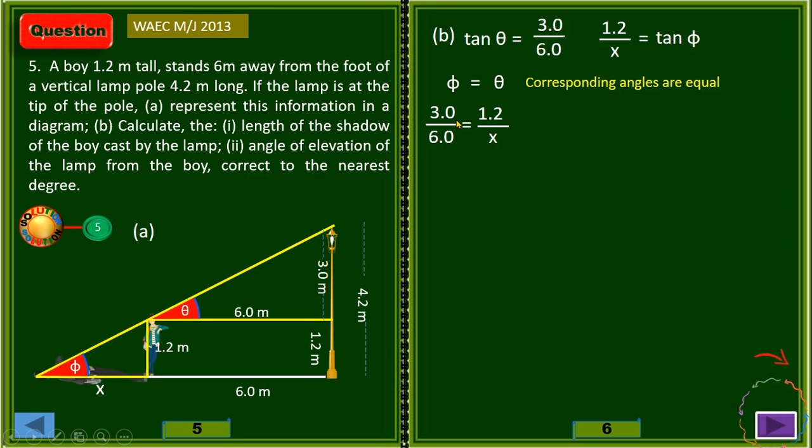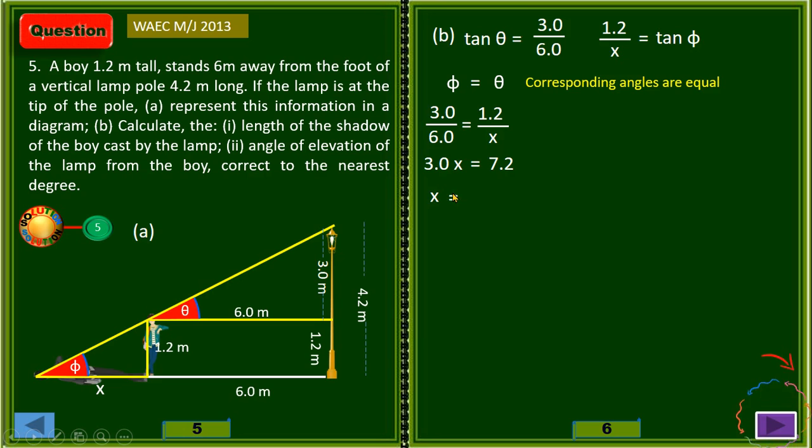So we're going to cross multiply. Cross multiplying, x times 3 will give us 3x, and that will be equal to, multiplying across this side, 6 multiplied by 1.2, which gives us 7.2. Now we're going to make x the subject.